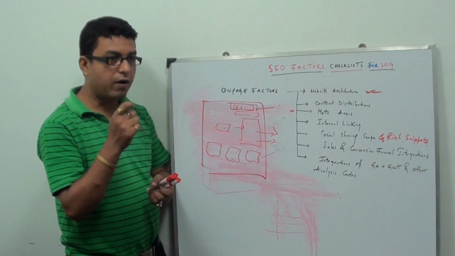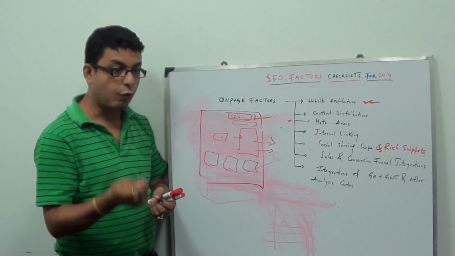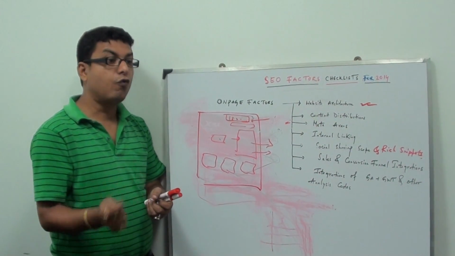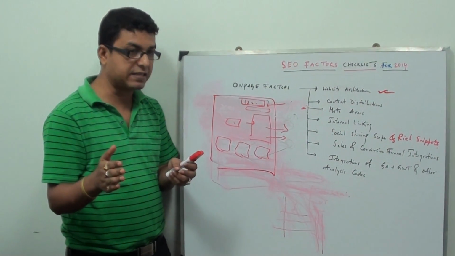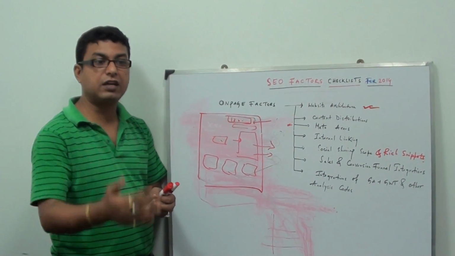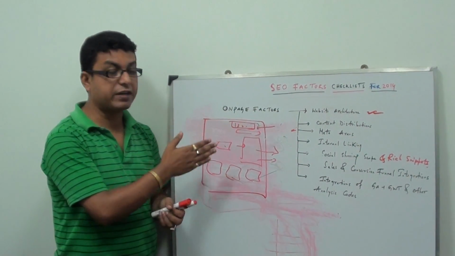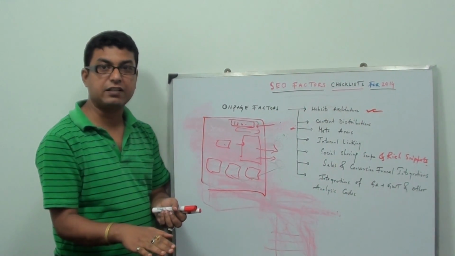How many times they are coming, whether they are repeat visitors or unique visitors, how many times they visit your particular pages, and how many times they have given impressions for the things you are sharing, and how long they are staying on your website.